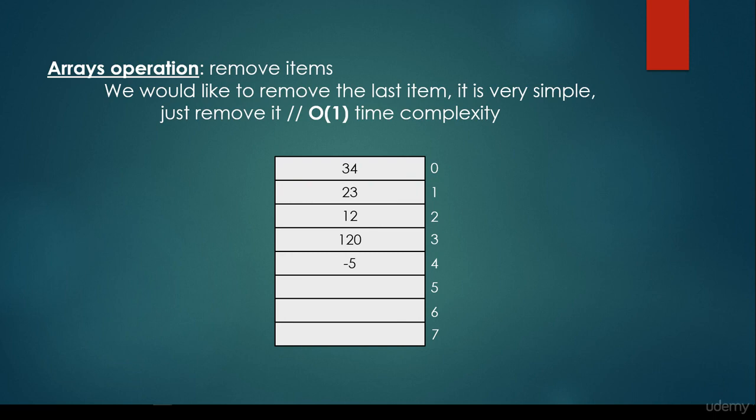Then what about the remove operation? We would like to remove the last item. And it is very simple, we just have to remove it in constant time complexity, of course. I would like to get rid of the last item, so we have managed to get rid of -5. I would like to remove it, so I remove the 120.